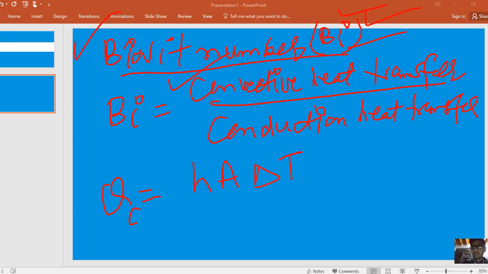Similarly, for conduction heat transfer we use Fourier's law, and from Fourier's law we know that the heat rate is equal to the thermal conductivity of the material, the cross-sectional area of the material, the temperature difference across the material, divided by the thickness of the material, which can be denoted by the characteristic length.